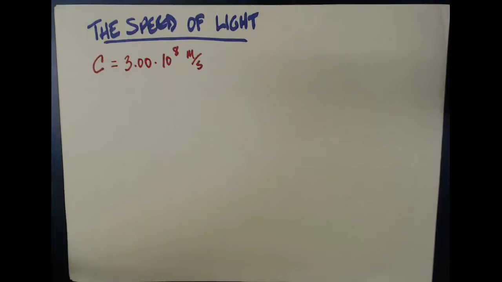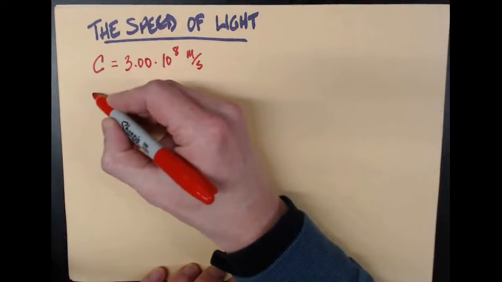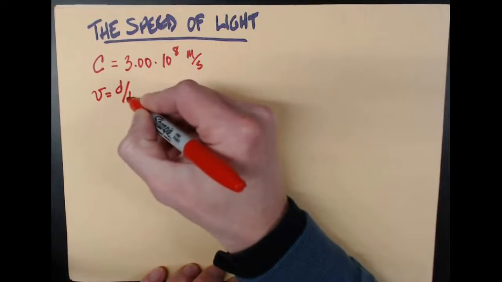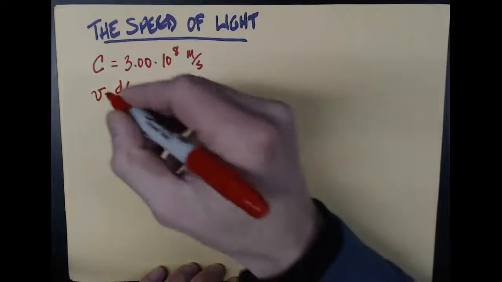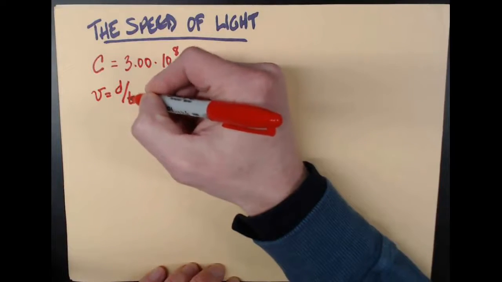Now, the two main formulas that we're going to use with it are the fact that since it's a speed, we can use that in this formula, v equals d divided by t, which was the very first formula we learned in this physics class. This v here is the speed, d is the distance, and t is the time.